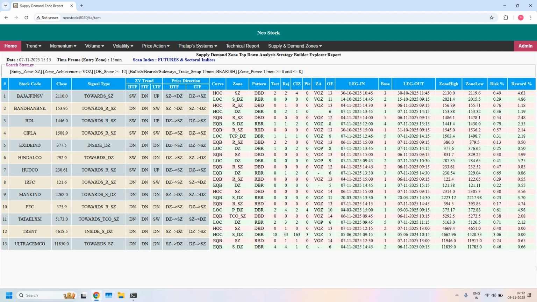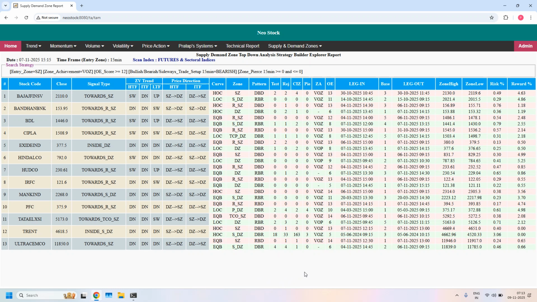All these 13 stocks are supporting bearish trade setup for daily income trade, and entry time frame zones are 15 minute supply zones. So total we got 13 15 minute supply zones. Out of these 13, there could be some high probability trade setup 15 minute supply zones available.